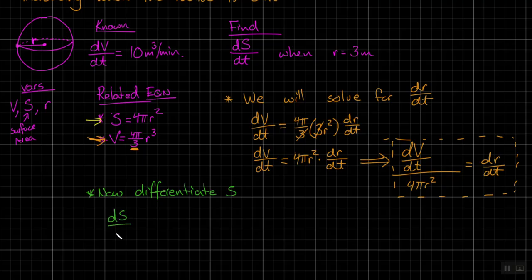It's dS/dt equals, what's that constant multiple on S again? 4 pi. And then Angel, I don't call on you very frequently. You're the furthest person from me in the classroom. What's the derivative of r squared? Love it. 2r times dr dt.